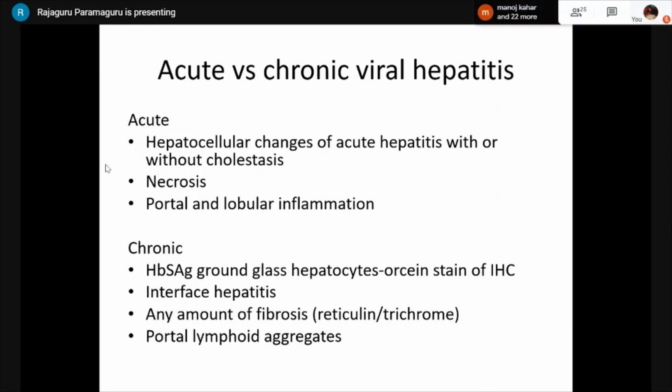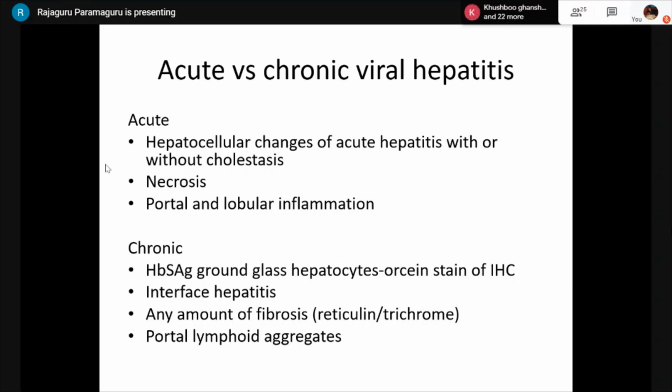In a chronic hepatitis, we will have a lot of interface hepatitis and the classic ductular reaction because of the damage of the periportal hepatocytes. In case of hepatitis B virus infection, you will find ground glass hepatocytes, and their presence indicates that the patient is having chronic hepatitis.